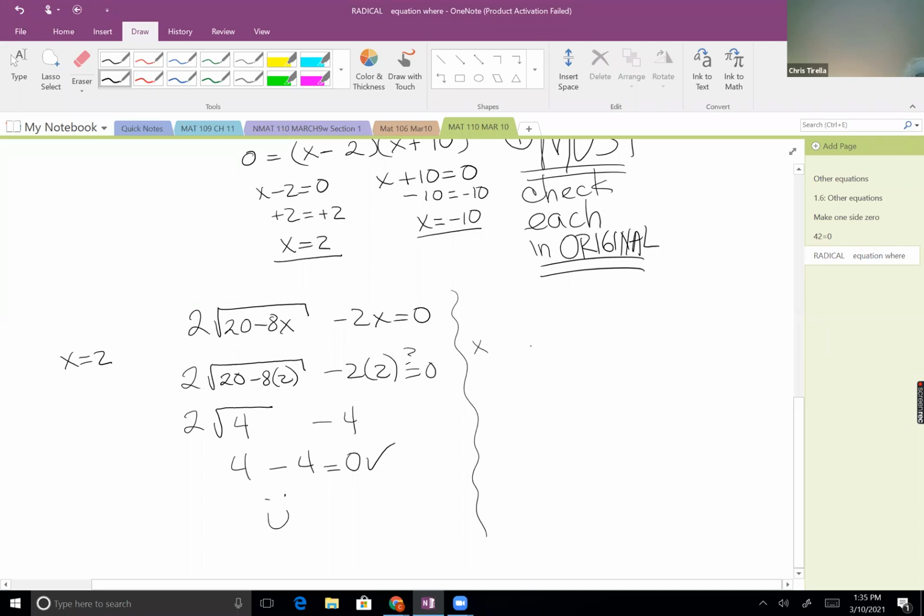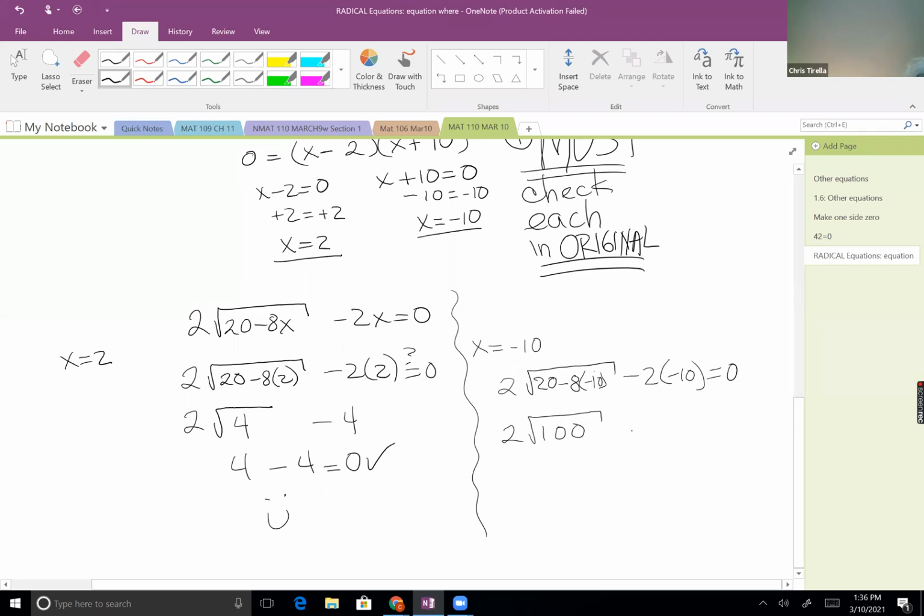If x equals -10, that gives me 2 times the square root of 20 minus 8 times -10, minus 2 times -10, is supposed to equal 0. So let's see. Negative times negative is positive. 20 plus 80 is 100.